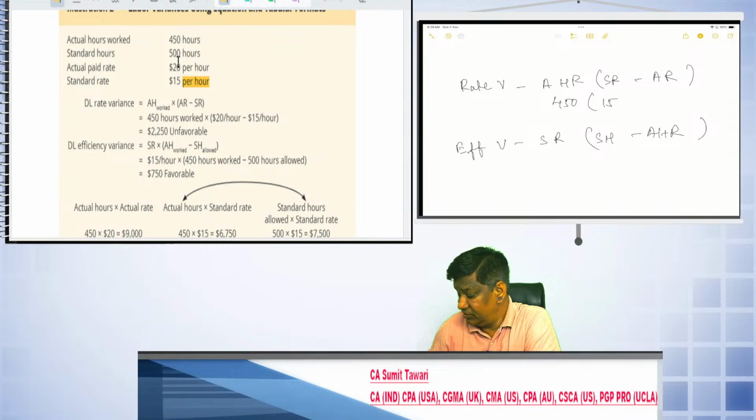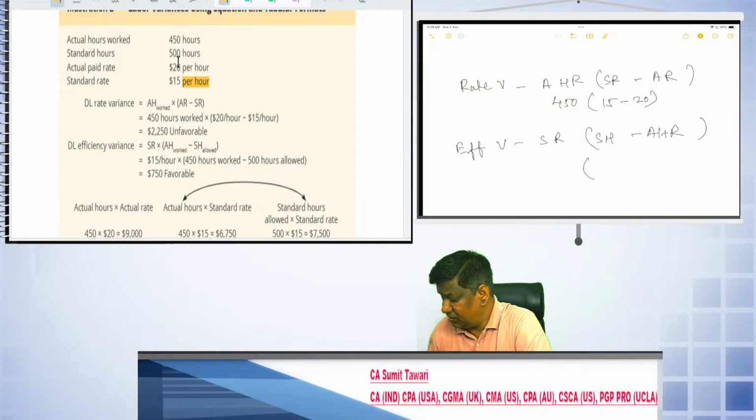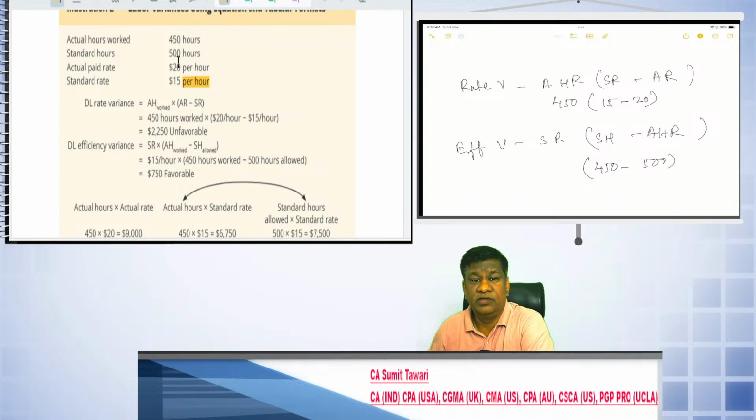So 15 minus 20. Okay, and then standard quantity minus actual quantity: 500 minus 450. 450 and the standard rate is 20.